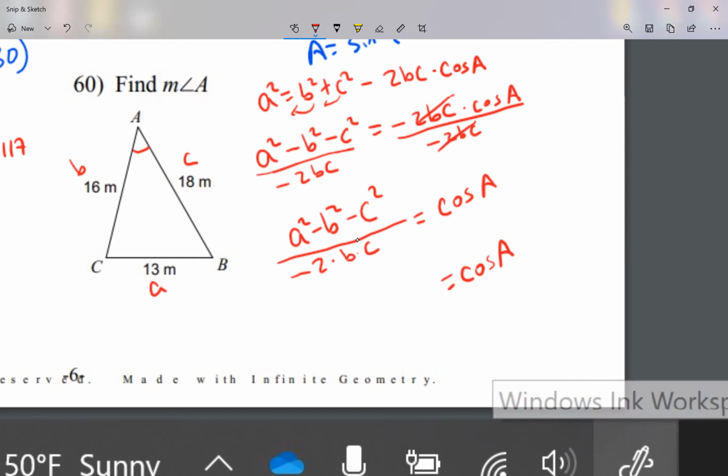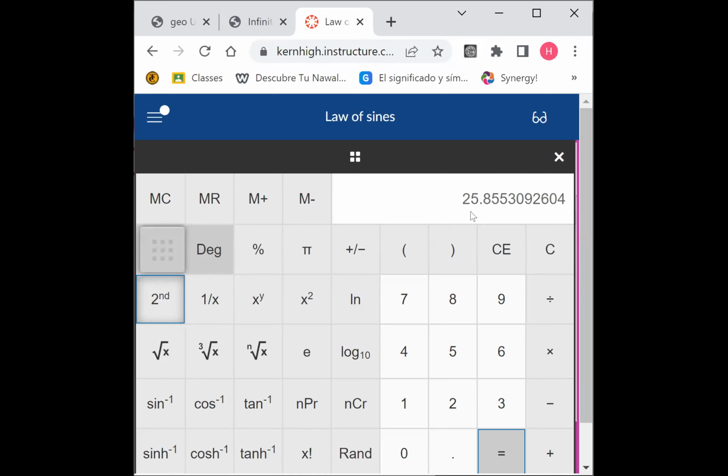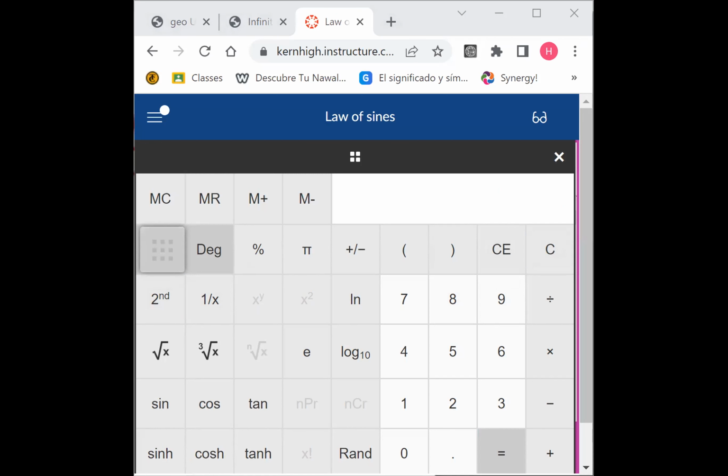Okay. So remember this a squared minus b squared minus c squared. I know what a, b, and c are, so I'm just going to go ahead and type it in. So I'm going to use my calculator here. The top part was a squared minus b squared minus c squared. So I have 13 squared minus 16 squared minus 18 squared.